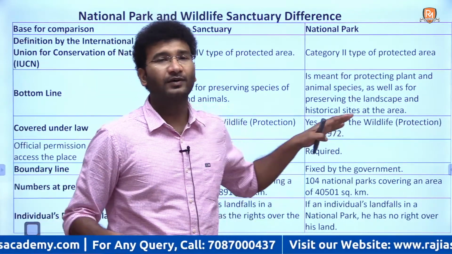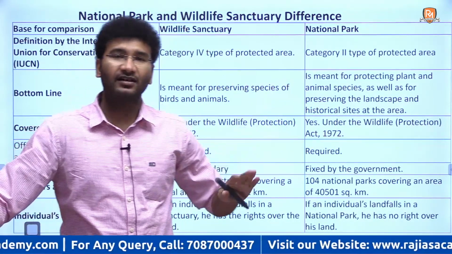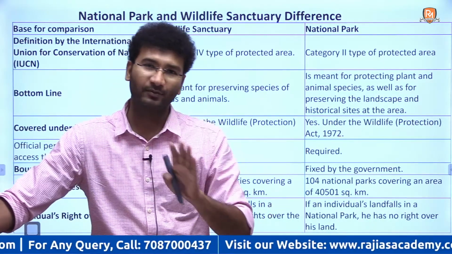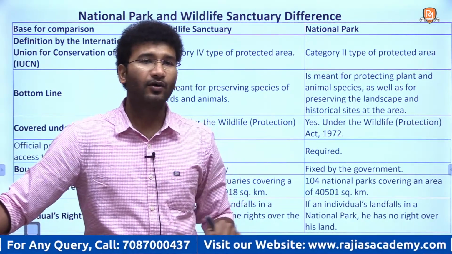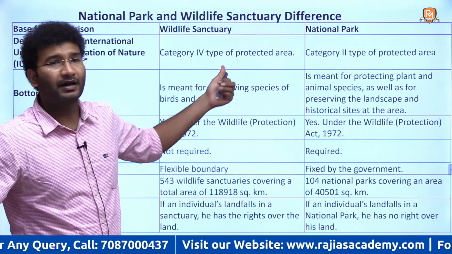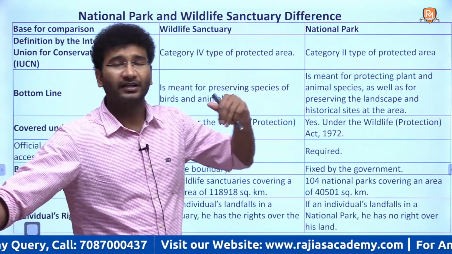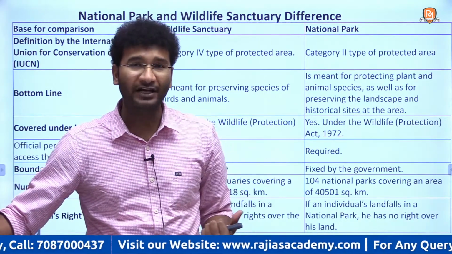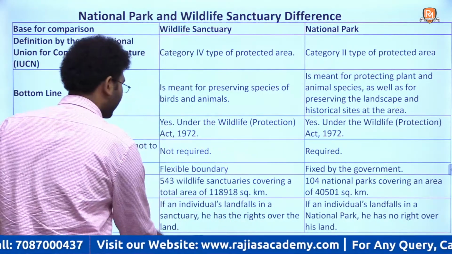Before that, let us quickly understand that forests are part of the concurrent list. That means both the state government and the central government can make laws, right? Now, the definitions of a national park and a wildlife sanctuary are given by the International Union for the Conservation of Nature, and they are also defined by the Wildlife Protection Act of 1972.